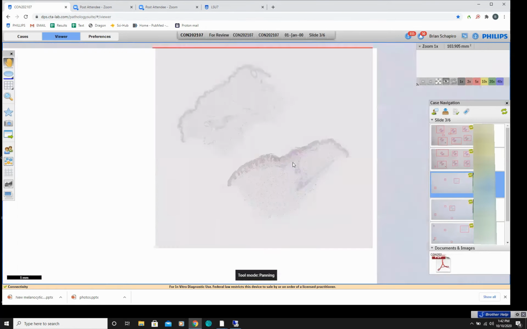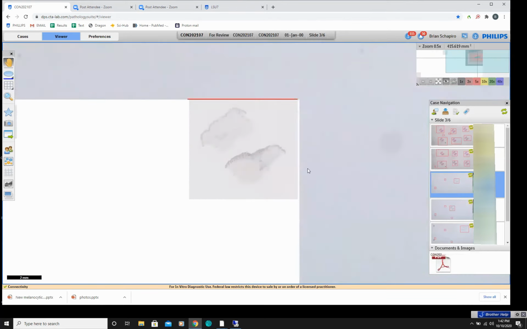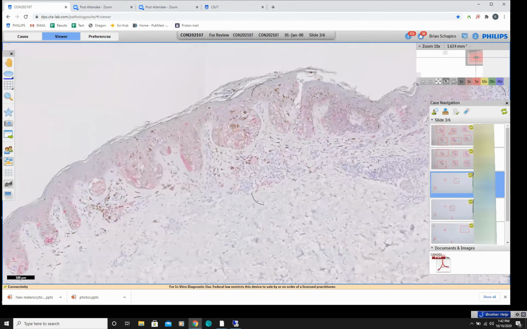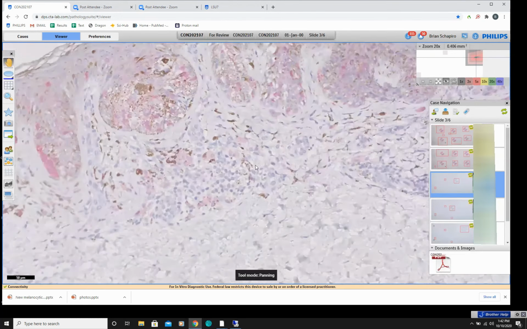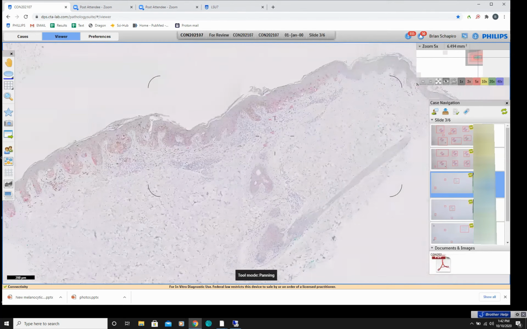The new stains we tried here were, this is P16, and P16 is preserved in the cytoplasm. It's kind of weak in the dermal component, but it's still there.